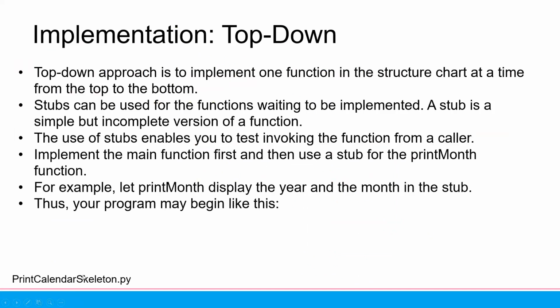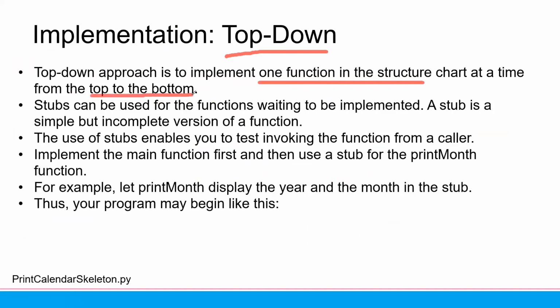So if you can get the idea to design this diagram, then you can make your calendar. Okay. So there are two kinds of approach. The approach that I show you is the top-down. It means we create the skeleton first, so we make the structure of the functions from top to bottom.